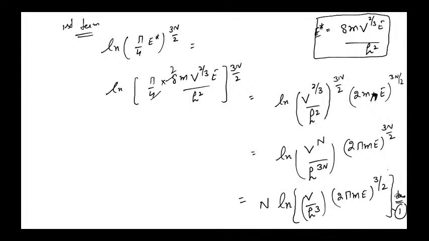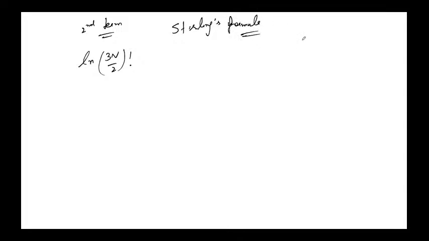So let us solve for the second term. The second term is log of gamma function of 3n by 2, or you can say log of (3n by 2) factorial. Using Stirling's formula, which you have already discussed during your graduation: log of n factorial is equal to n log n minus n.